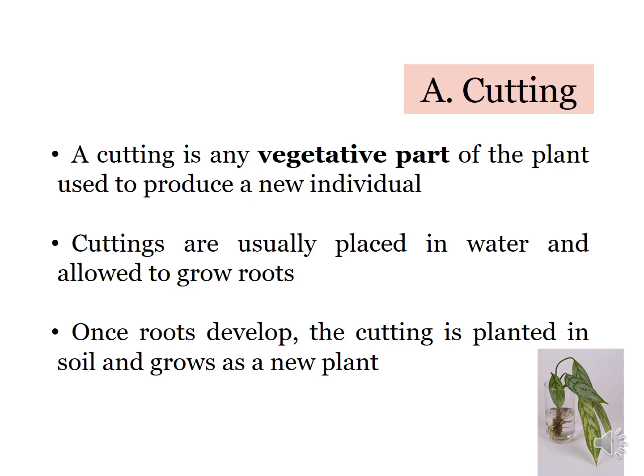Firstly, through cutting. What is cutting? Cuttings are actually any vegetative parts of the plant that are cut and then usually placed in water for some time to allow roots to grow. Once roots develop, then the cuttings can be transferred to the soil and grown as a new plant.